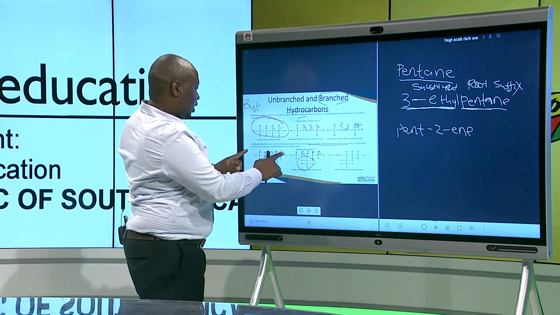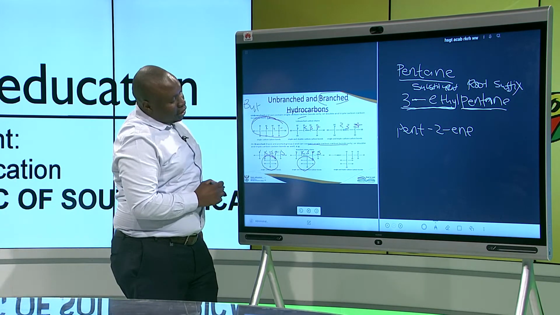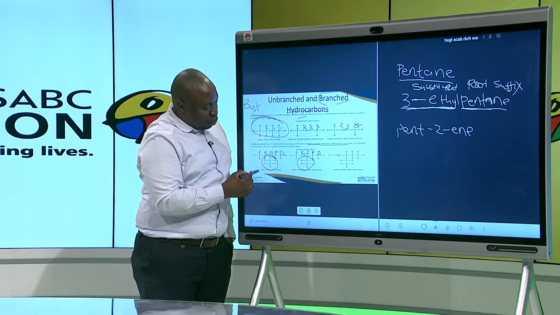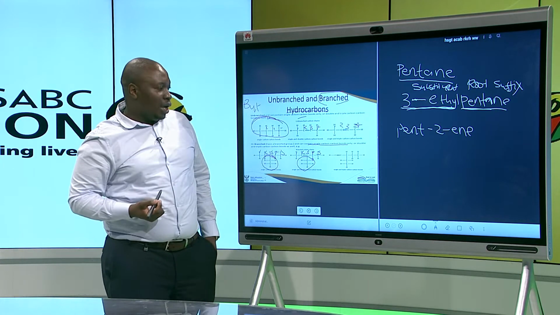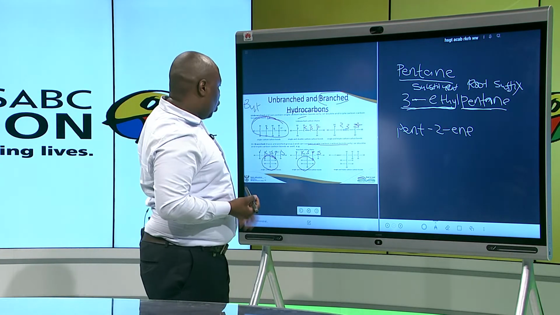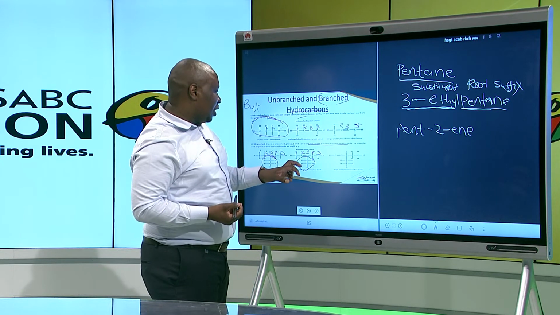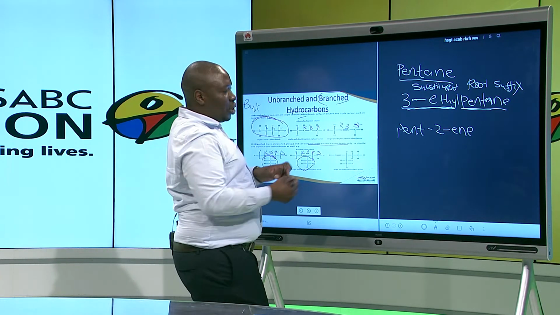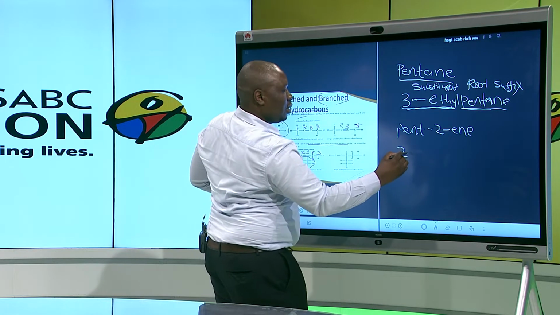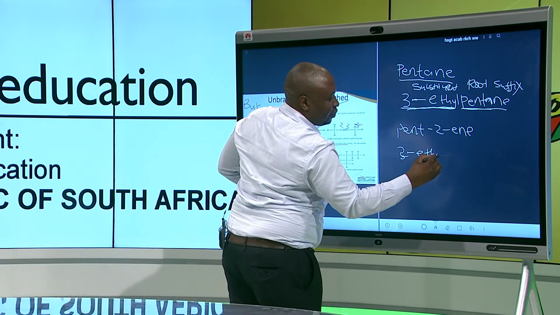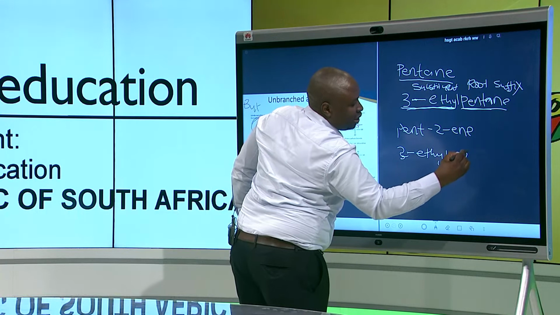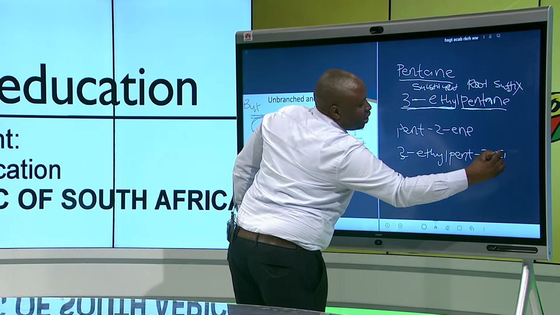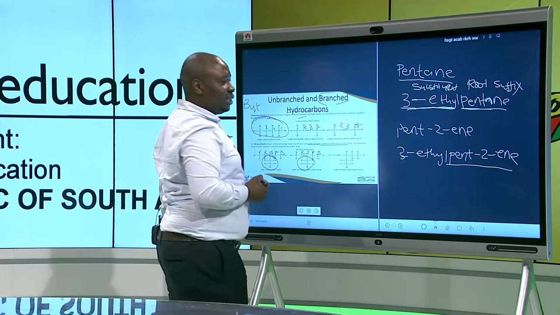When you are checking the longest carbon chain, it's important that you check any possible longest carbon chain that you can have. So on this one, we're saying in carbon number 3, we have an ethyl as well. So it's 3-ethyl pent-2-ene.